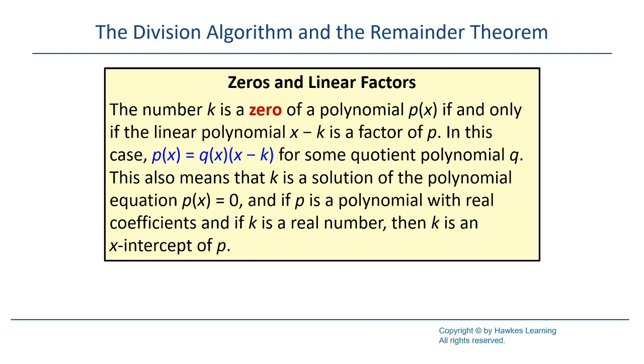Notice I say k and x minus k. If x minus k is a factor, then positive k is going to be a root. So if it factors to x plus 3, then you know that x equals negative 3 would be a root. So factors and roots have the sign switch. So just be aware of that.